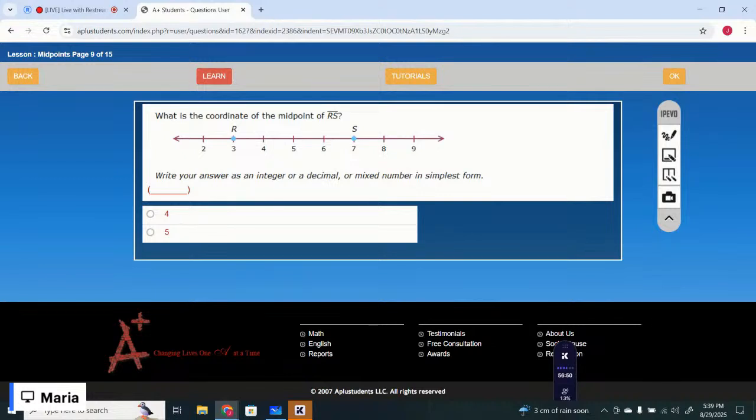What are the coordinates of the midpoint RS? That is 5. Option number 2 is the correct option.